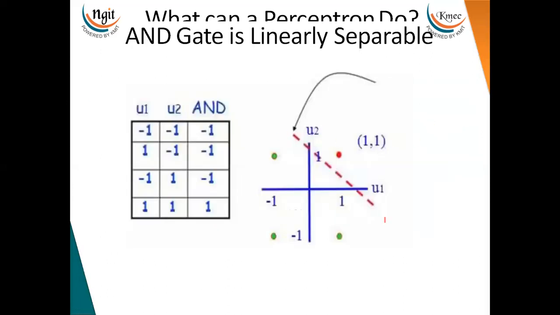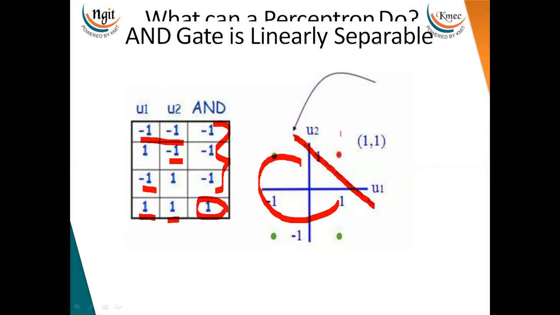I can plot a line like this, where all my remaining three outputs, meaning when one of the inputs is negative or both the inputs are negative, I am getting -1, so I can put those below the line. And when both my inputs are positive, I am getting a positive output, which I can represent by the area above the line.